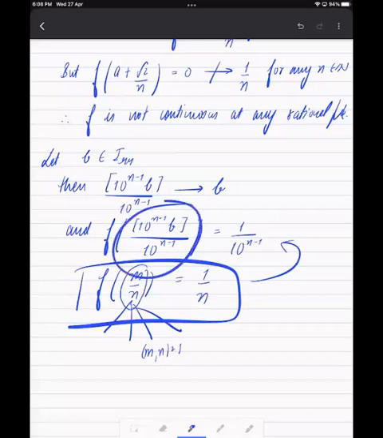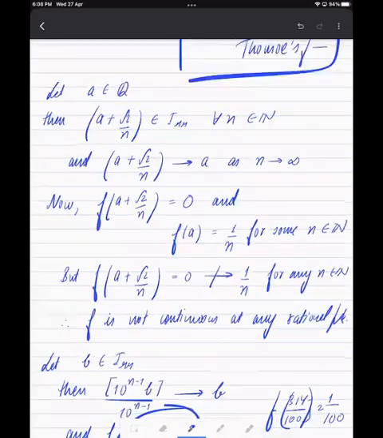We don't know about the GCD here. Remember, we obtained 1 by 4 upon 100. GCD is not 1. I cannot write f of this as 1 by 100. So the GCD creates a problem here, and this usual way of proving discontinuity is not going to work here.